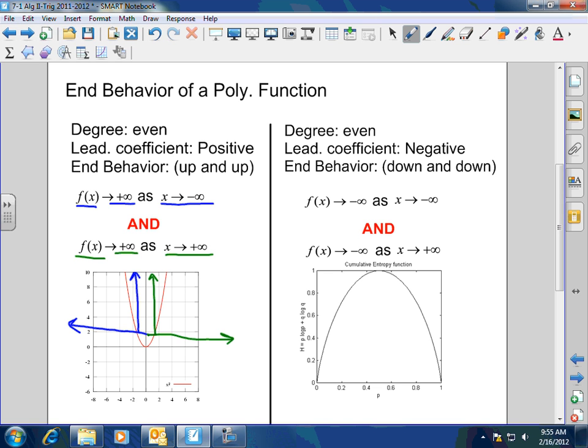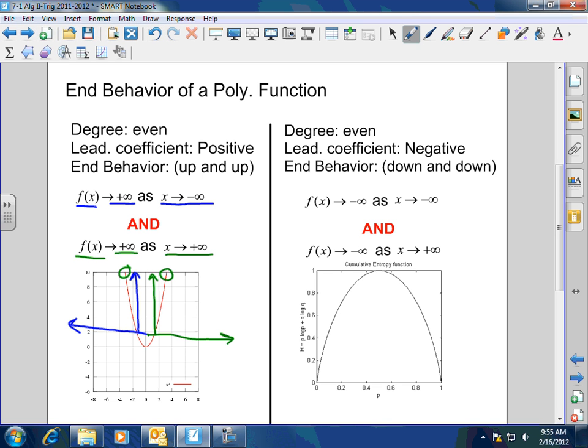So when I have an even function and a positive leading coefficient, I don't care if it's second power or 26th power, the end behavior will be up and up. Does that make sense, gentlemen? It's the exact opposite when the leading coefficient is negative. It's going to be down, down.